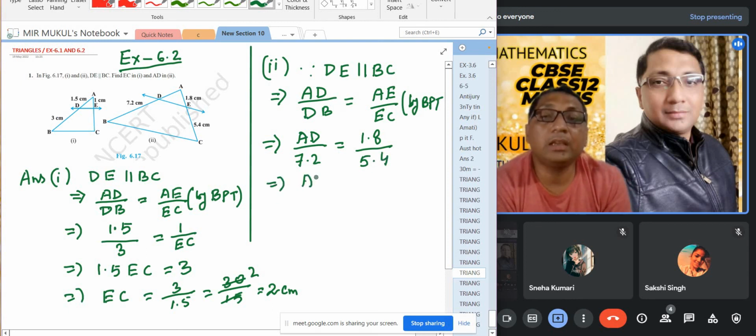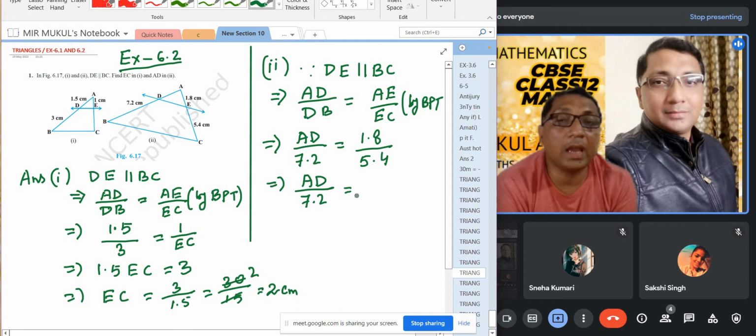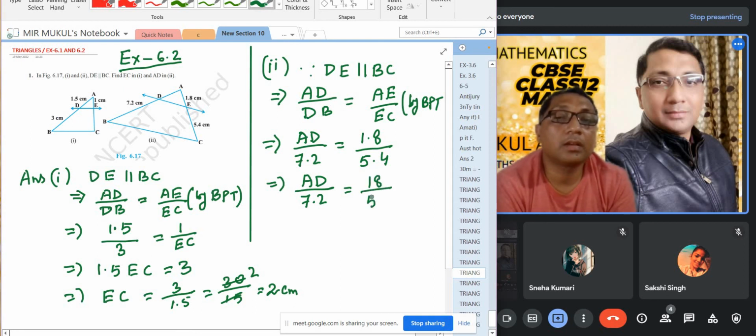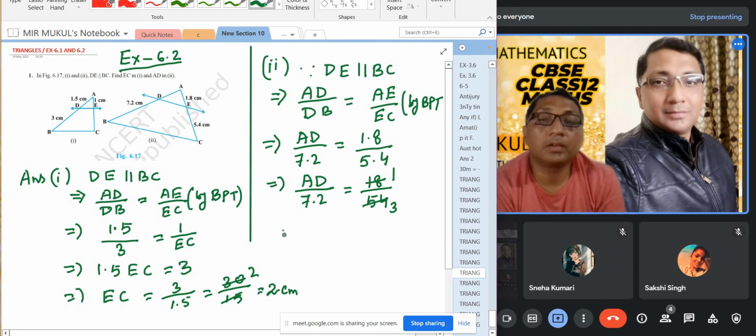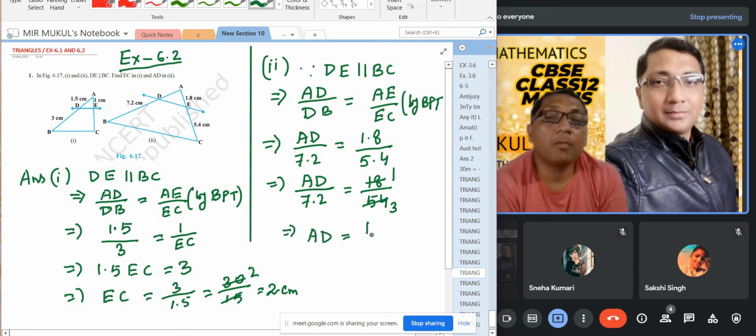So AD by 7.2. Since these two are decimals, we can remove the point. 18 times 3 is 54. So AD equals 1 by 3 into 7.2.